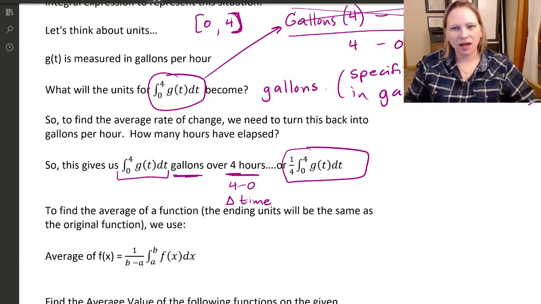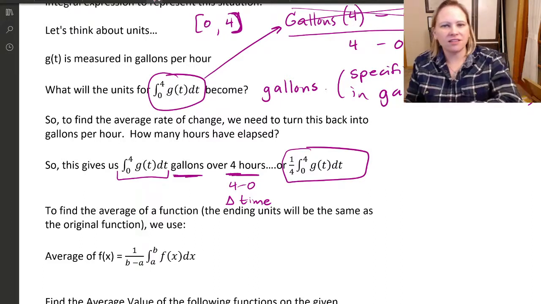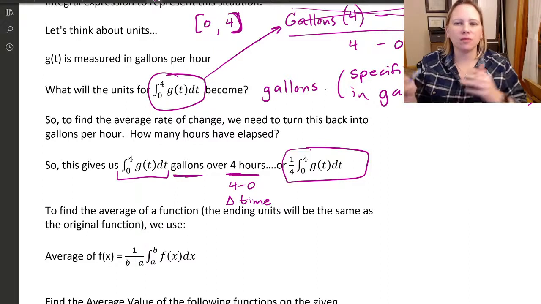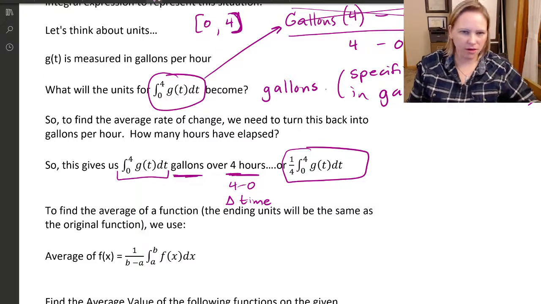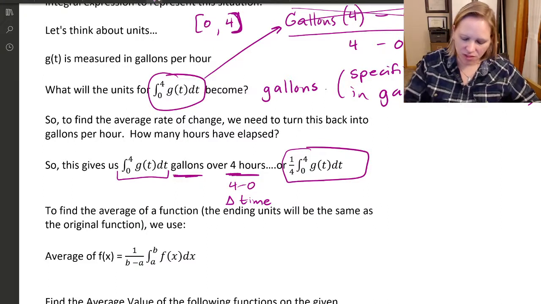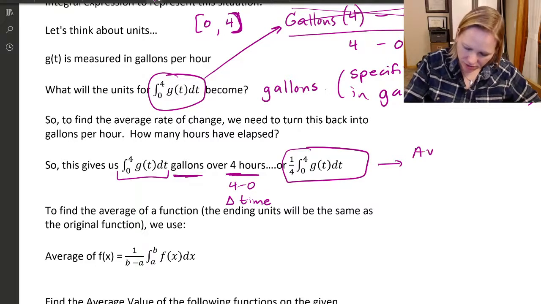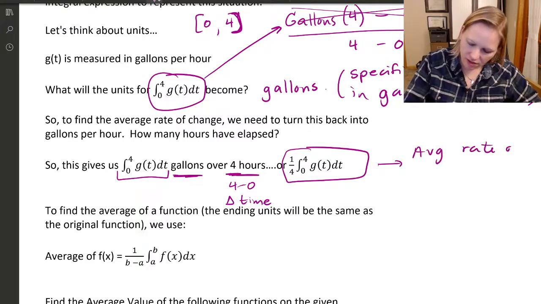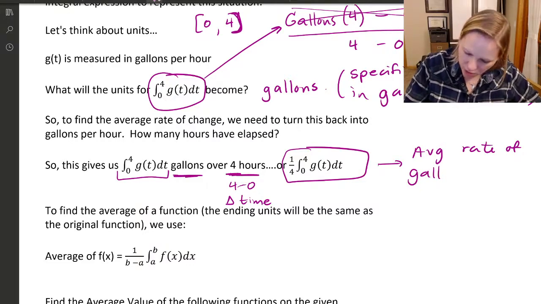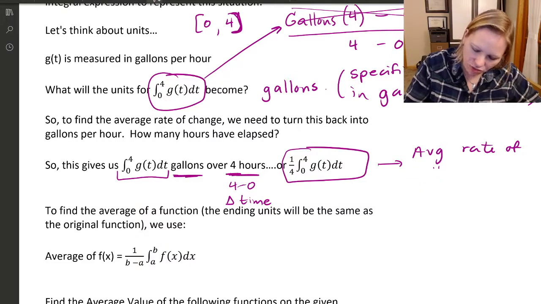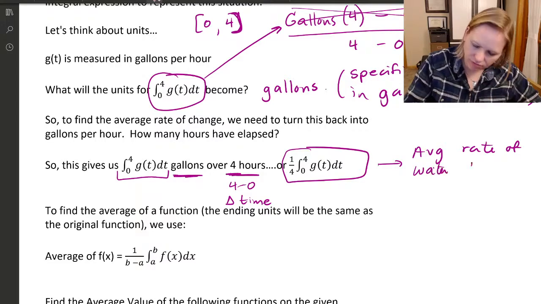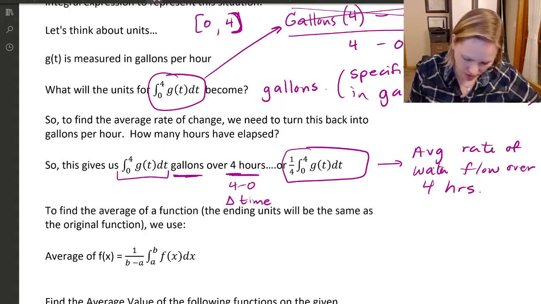By dividing by time, you're taking your gallons per hour, turning it into gallons, and then back into gallons per hour by multiplying by 1/4 or dividing by 4, however you want to think about it. So this is the average rate of gallons of water flow, I guess would be the better way to say it. The average rate of water flow over 4 hours. And then if you had an equation, you could find the actual numerical answer.